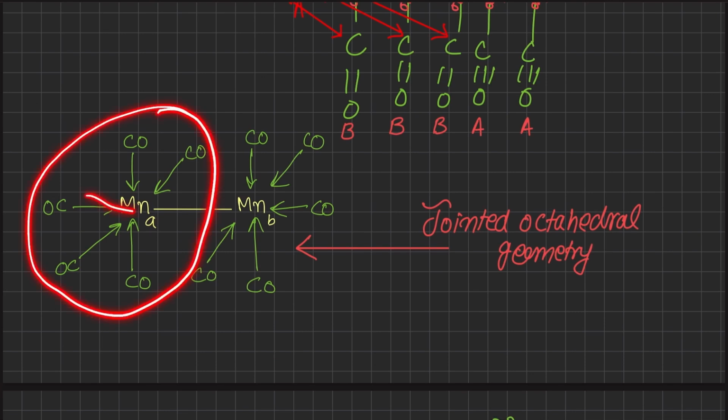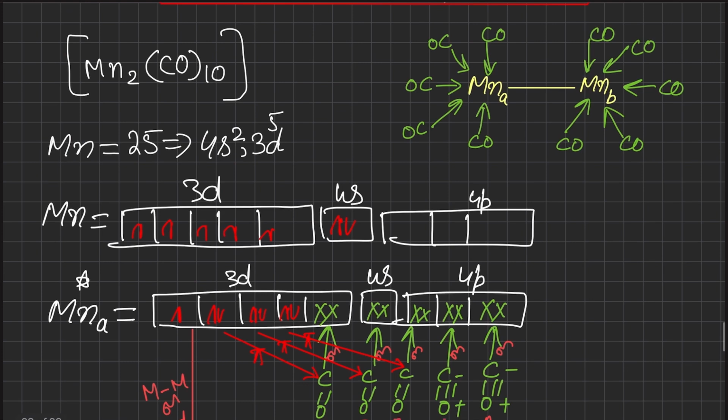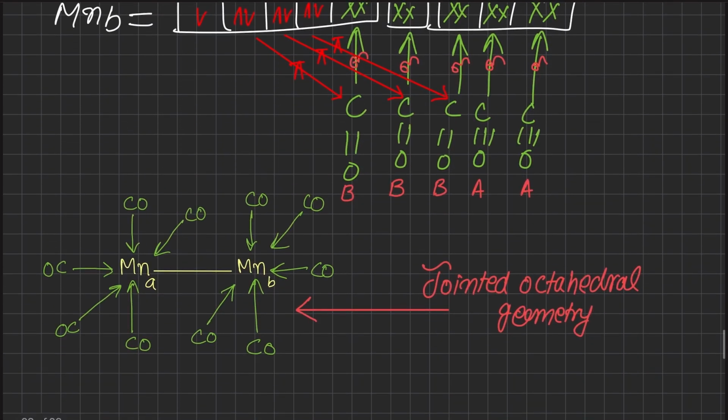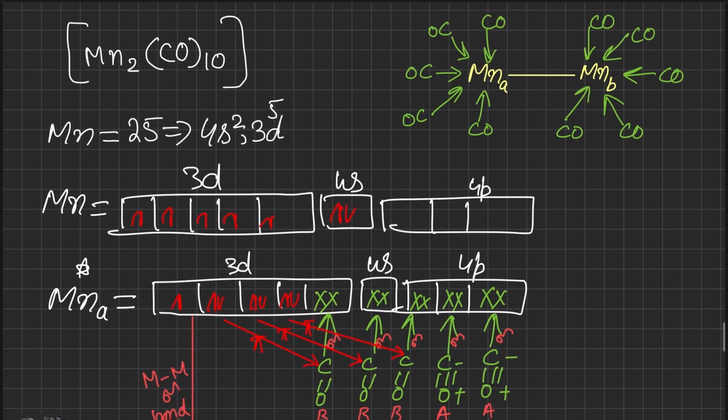One is this, in which 1 2 3 4 and 5 6 ligands are attached like this, and the other octahedron is this, where these two carbonyls and these two bonds make 4, and these make 6 bonds. So the geometry of this Mn2(CO)10 metal carbonyl is a jointed octahedron, or we can say two octahedral geometries are joined together through this metal-metal sigma bond. So this was the bonding situation of deca-carbonyl dimanganese.